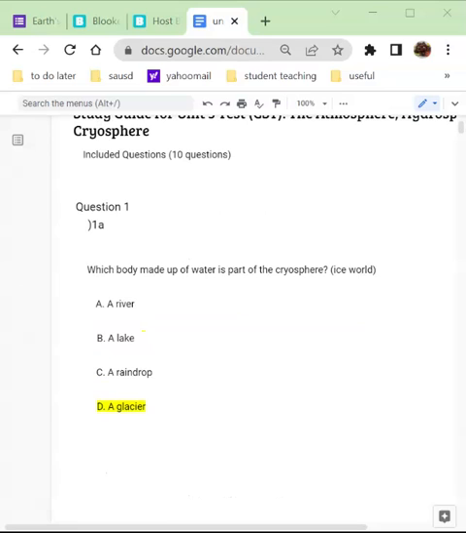But either way, we do know that water, frozen, is ice. So that's why there's this debate, and why I told you guys about both sides. Some people classify the cryosphere as part of the hydrosphere because it's water, and some people think of it as a different one.